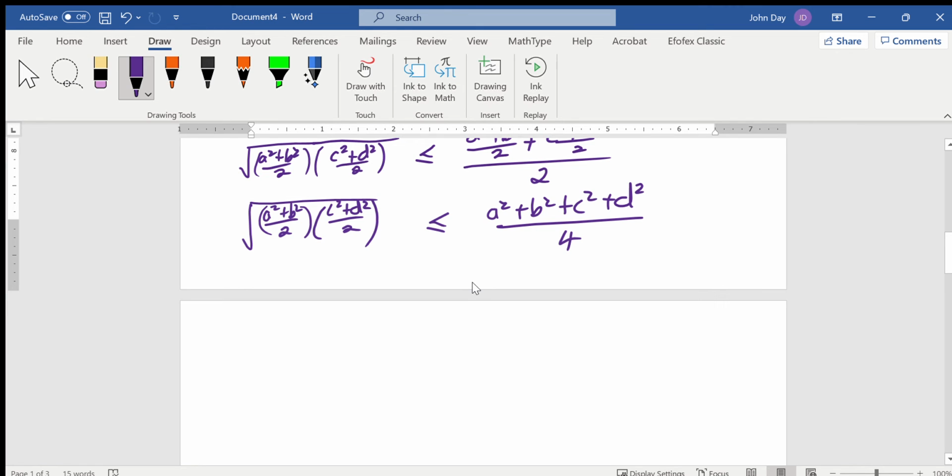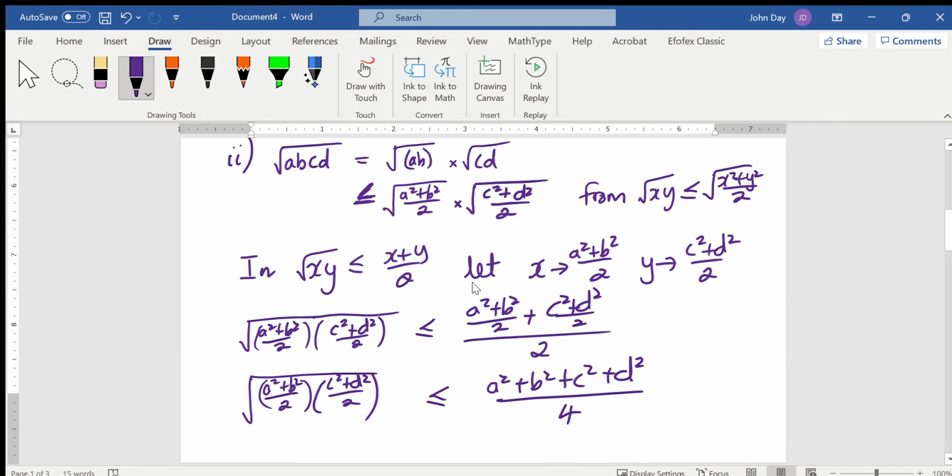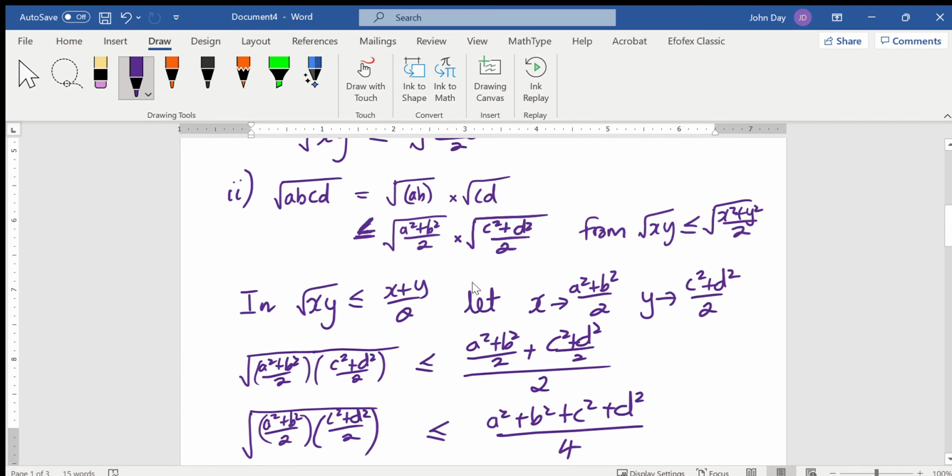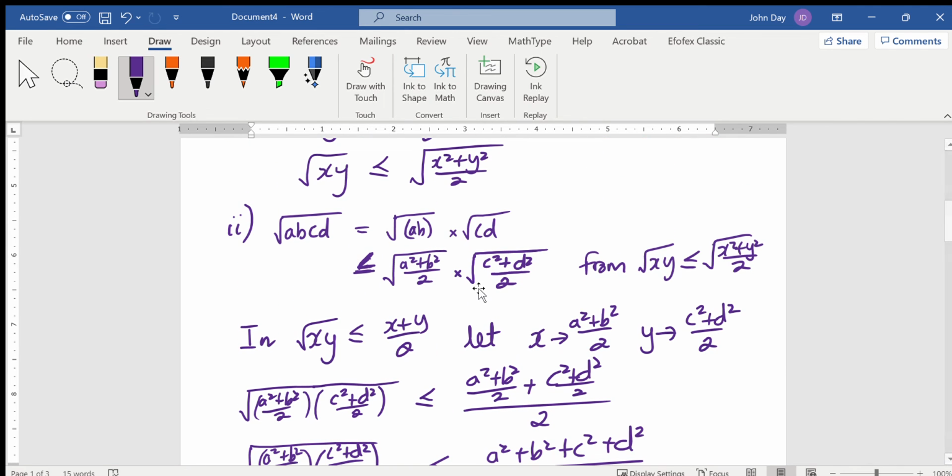So if the left side was smaller than the right, if I replace it with the square root of ABCD, which is what we had up there, then we end up with that. So I might just give that equation a number.